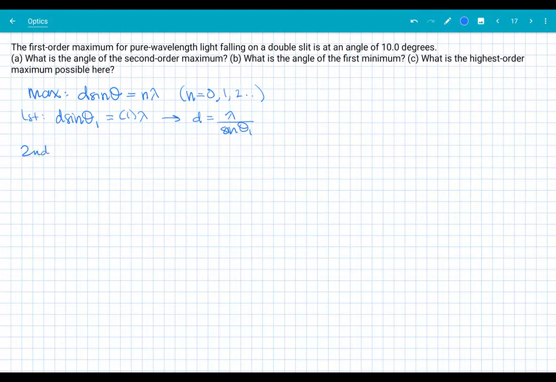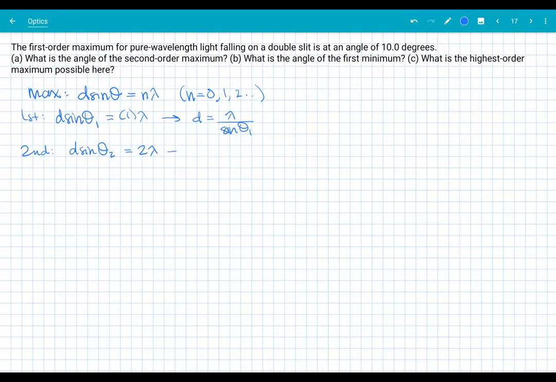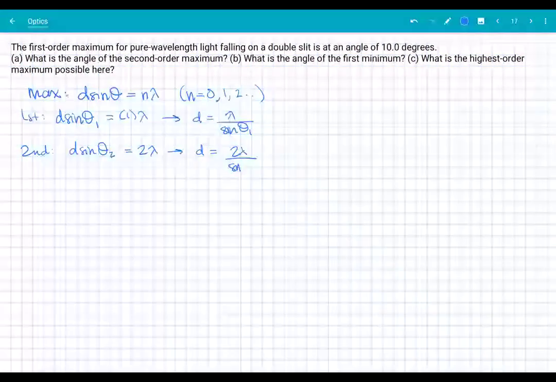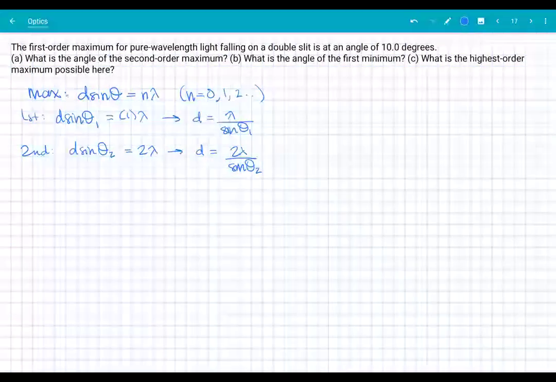Second order max, d sine theta 2 is equal to 2 lambda. So if I solve for d, the slit separation, I get 2 lambda over sine theta 2. Now, if you're wondering why I'm solving for the slit separation distance, I really like using that because what's cool about it is it doesn't change.